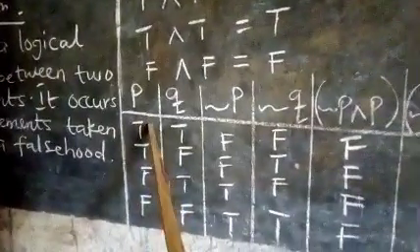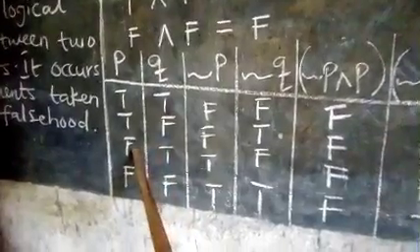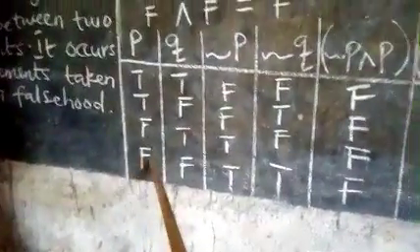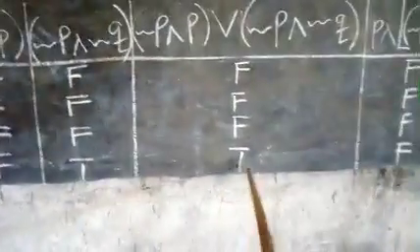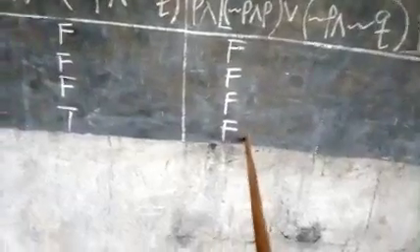The first term in P, T and F, gives F. T and F gives F. F and F gives F. Lastly, F and T gives F. That is false, false, false, false.